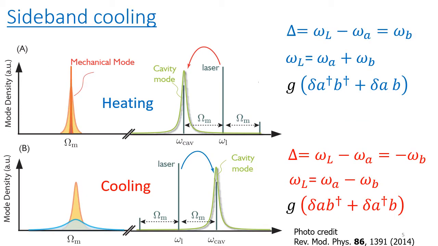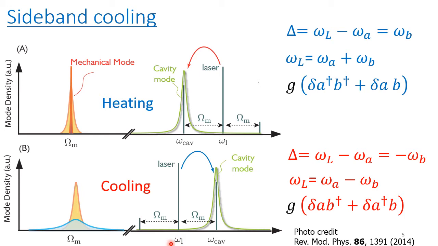So how does sideband cooling work in an optomechanical system? In order to understand, let's focus on the lower part of this slide. Here you can see the density of modes, the green line for the cavity mode, and this one is for the mechanical resonator. Omega L is the laser frequency.